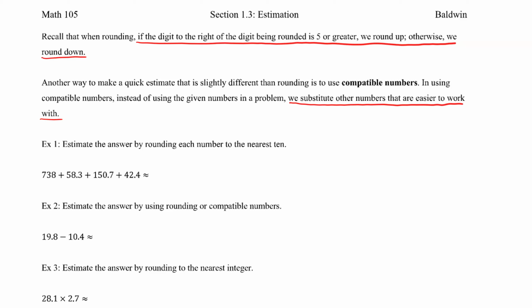We are going to go through different examples to make sure we've got our estimation skills down, looking at how we would round appropriately, but also how we would use our compatible numbers in these instances.